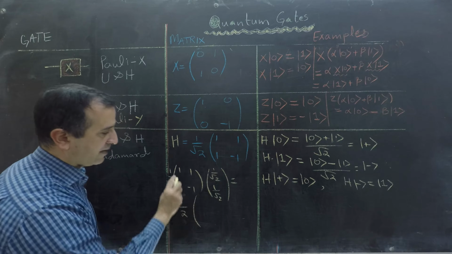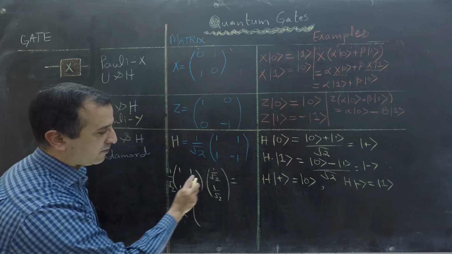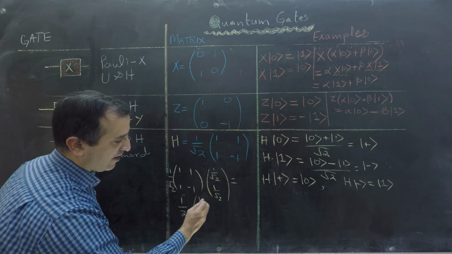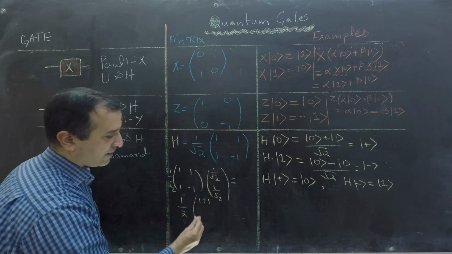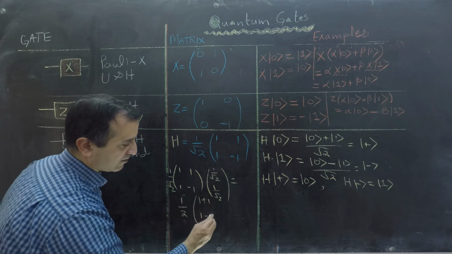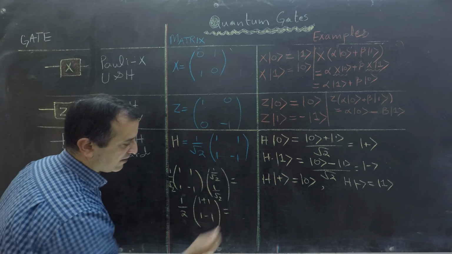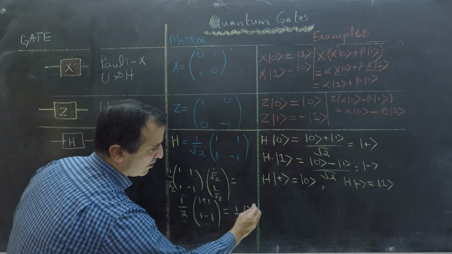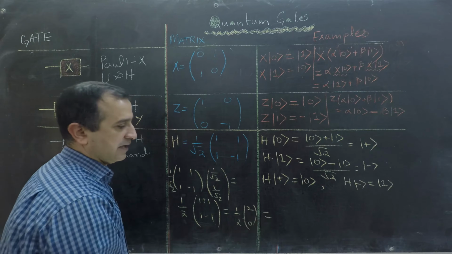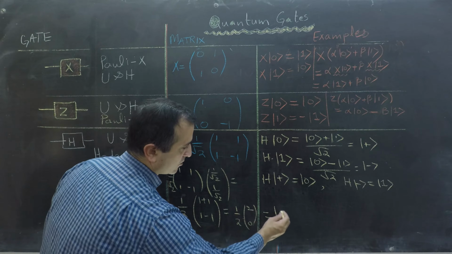Inside I will get 1 times 1 plus 1 times 1, so it will be 1 plus 1 here, and in this case I will have 1 times 1 minus 1 times 1. So my final result will be 1 over 2 times 2 and 0, which equals 1 and 0.